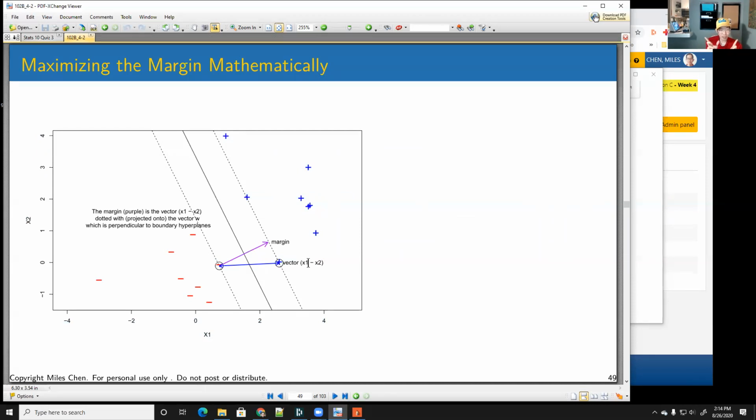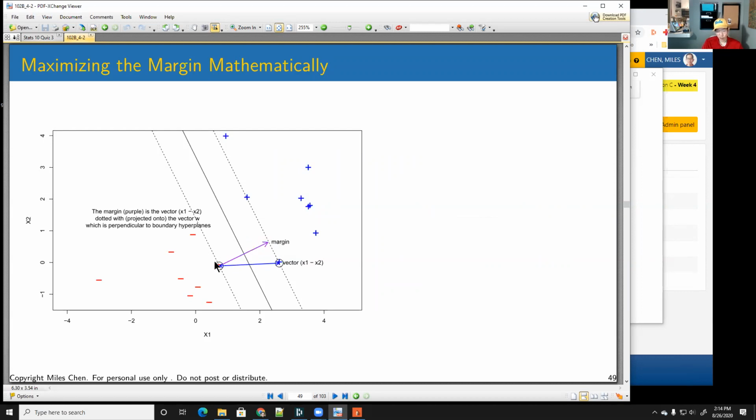And then if you dot that vector onto another vector, you're going to get basically a vector of the same magnitude in a different direction, okay? And so we're going to dot this distance vector onto a vector that is perpendicular to the boundary, okay?